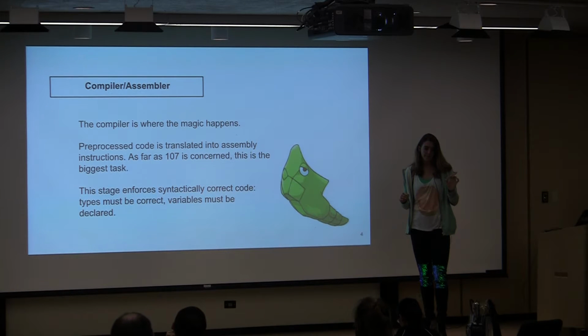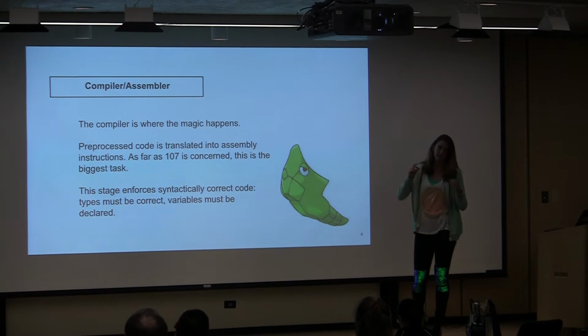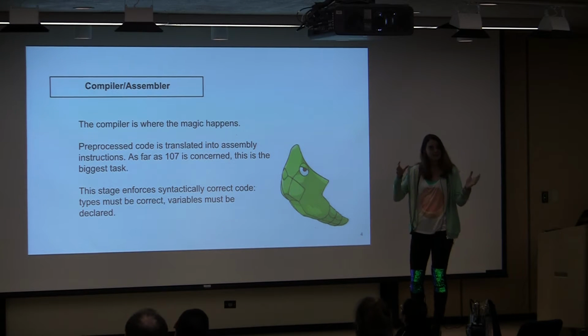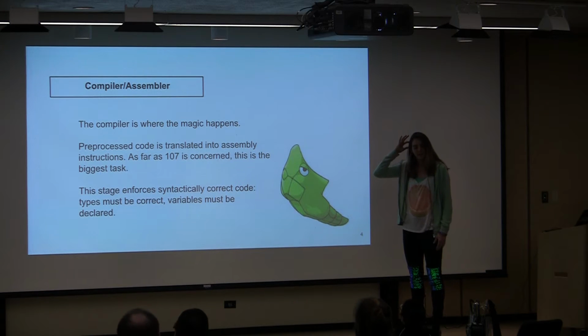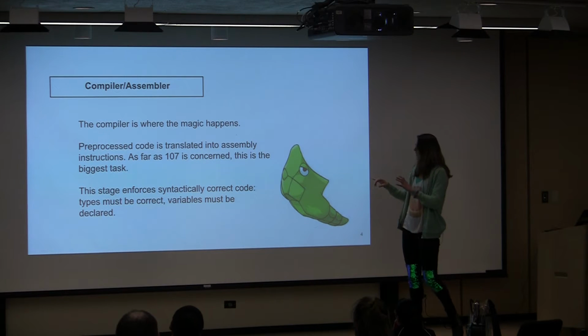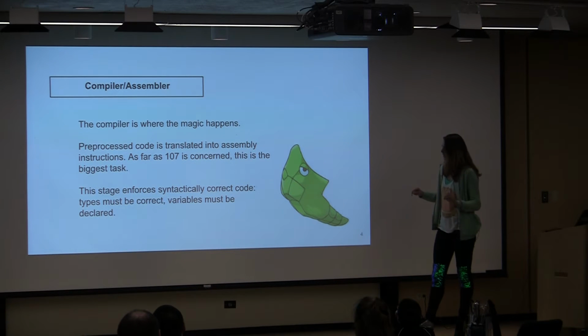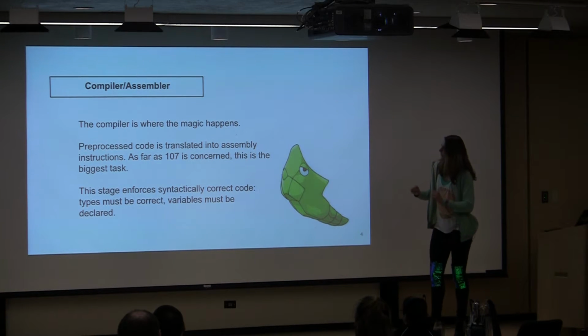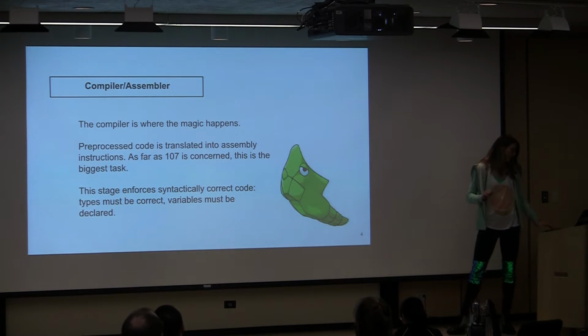So if you say x equals 4 without saying int x equals 4, the compiler is the one that's going to catch that because it's looking to build an abstract, this is a little bit above the level of 107, but it's looking to put together the meaning, like this if statement contains multiple statements, and it's trying to parse out those statements. So it's going to enforce syntactically correct code, and then it will output a .o file.